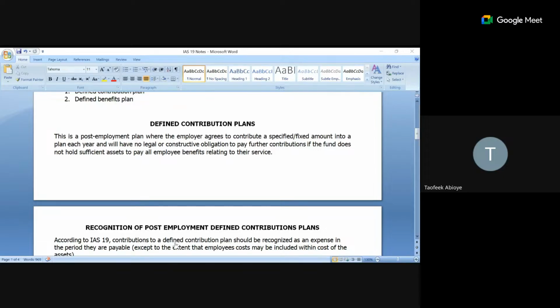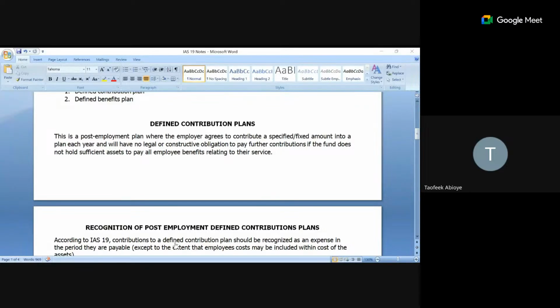But the defined benefit plan, let me quickly chip it in. A defined benefit plan is the opposite of a defined contribution plan. It is a situation whereby the entity has an obligation, meaning they have a legal and constructive obligation to pay an amount that will cover that liability. The entity has an obligation to settle, even though the money is 80 million, they must settle it.